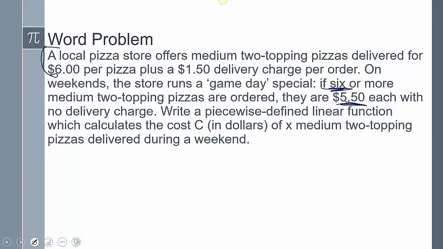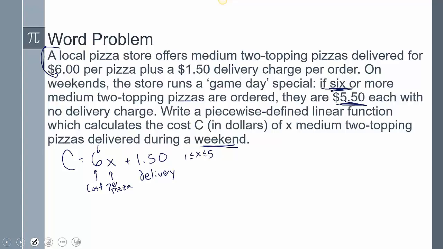So that means if it's asking me for what's going on a weekend, there's 2 different things going on here. I have an equation when I'm ordering pizzas 1 through 5, and then I have a different equation if I order 6 or more pizzas. And so we can define that or express that as a piecewise function. And so the cost, if it's less than 6 pizzas, that's going to be 6x plus 1.50, but my domain is when x is between 1 and 5.